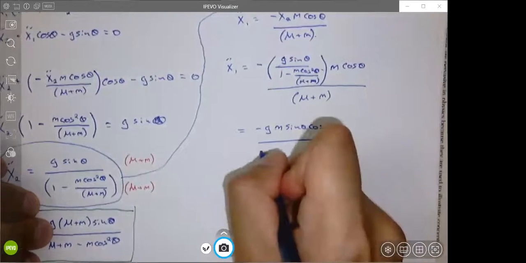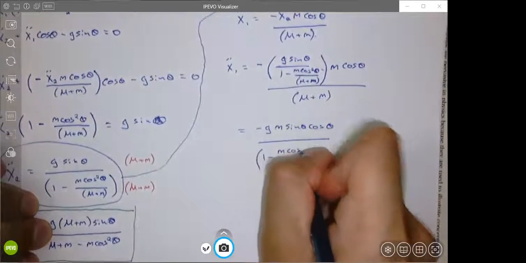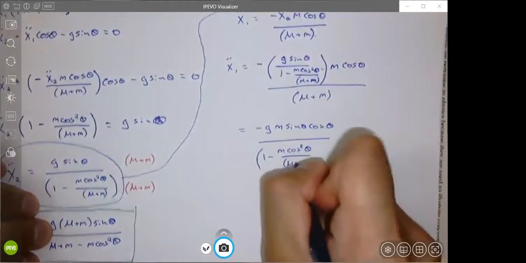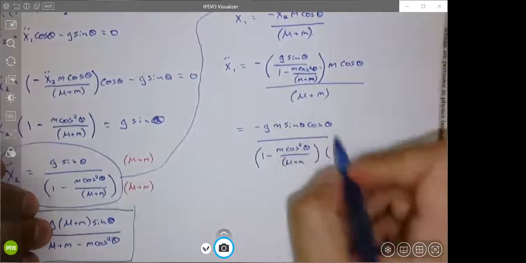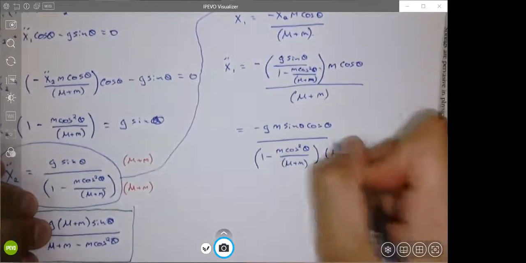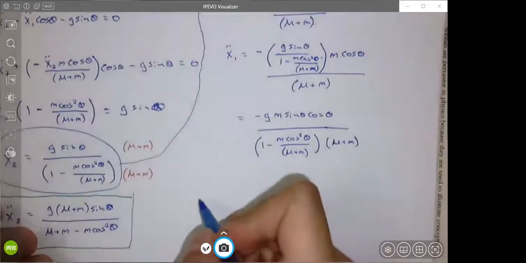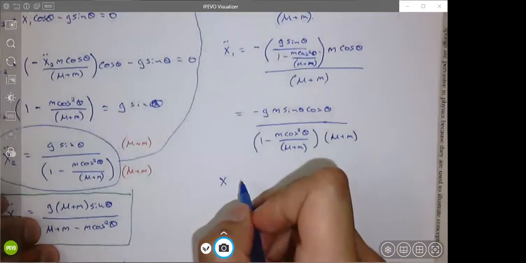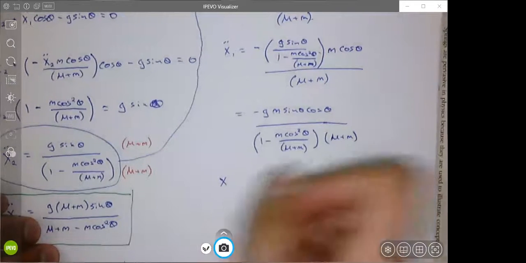And in the denominator, we have 1 minus m cosine squared theta divided by big M plus lowercase m, multiplied by this term right here, which is big M plus lowercase m. And this is nice. You could distribute this into here and here. Is there a way we could clean this up a little bit? Nah, I think that should be fine.